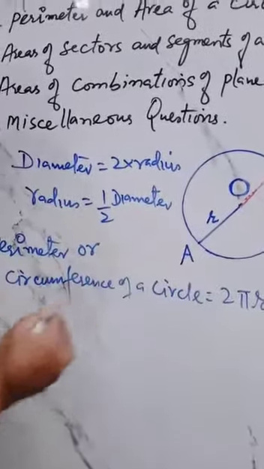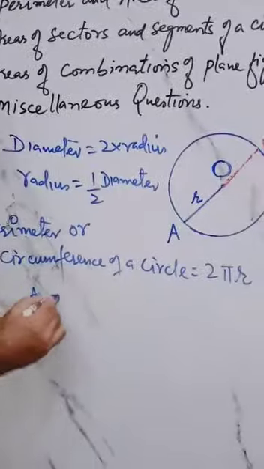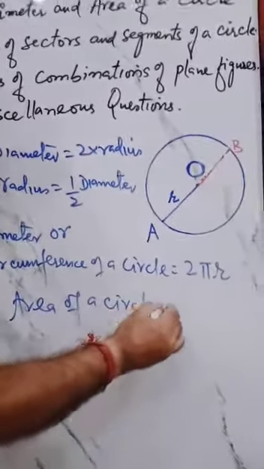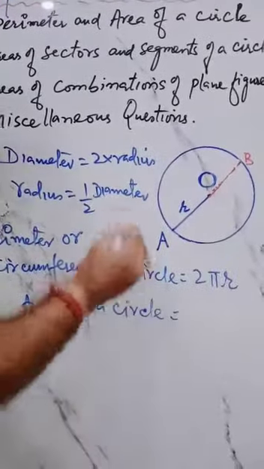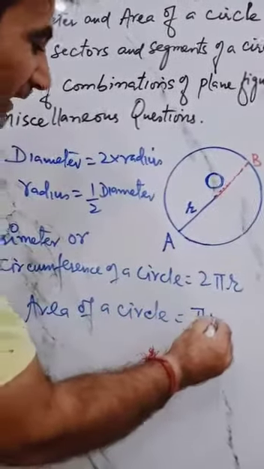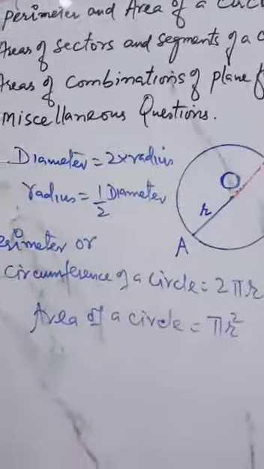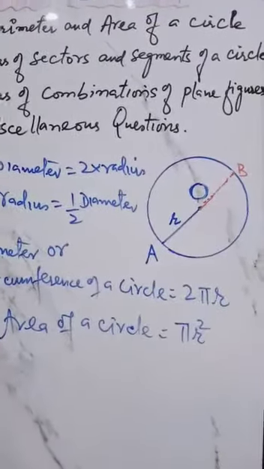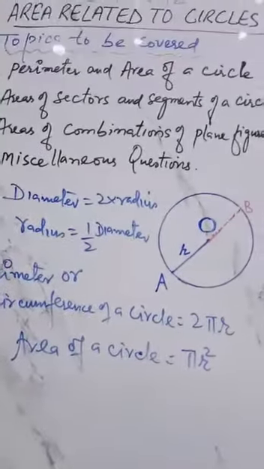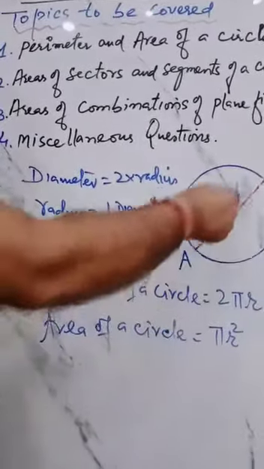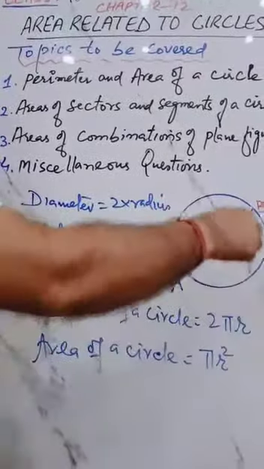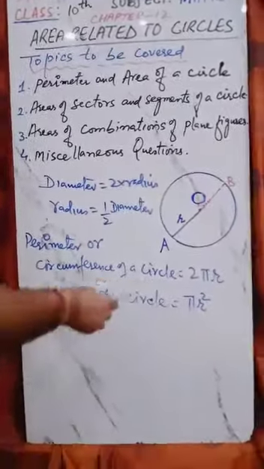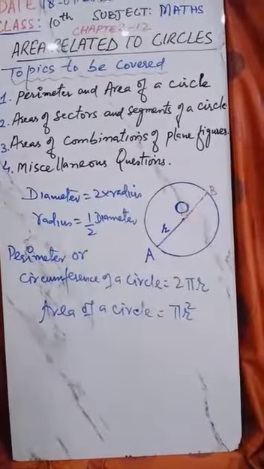And the area of a circle is nothing but pi r square. These are all formulas you are going to use in this chapter. You have also read or discussed them in previous classes. Circumference is the length of the boundary, and the area of a circle is pi r square.